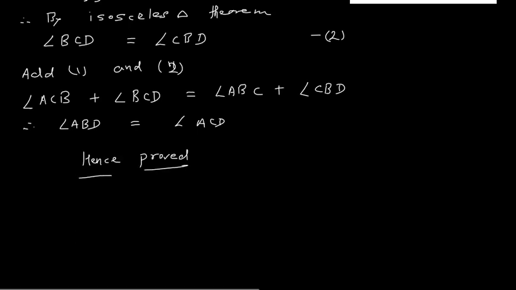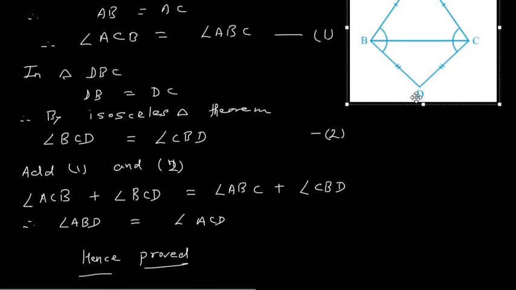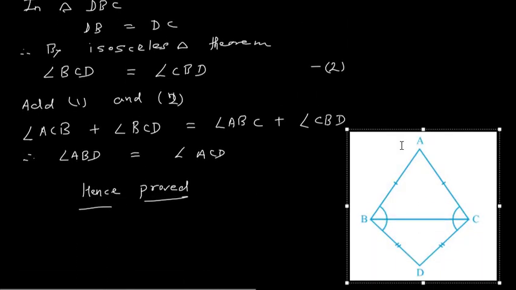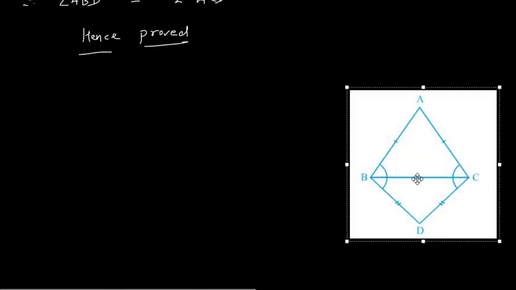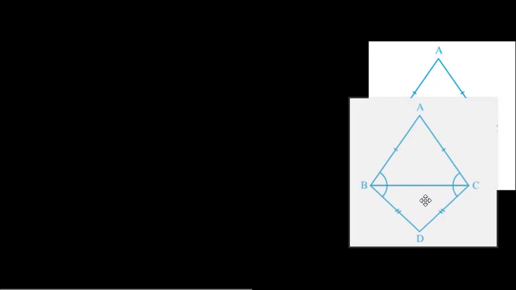Okay, now let us see the second method which we can do. So for that I will bring this triangle a little down, so that it is in front of our solution. Let us keep this triangle somewhere here. Okay, fine. Now here for this I will do one construction.